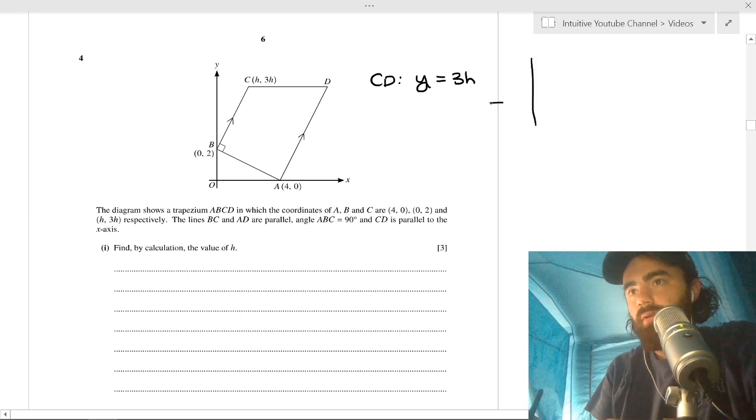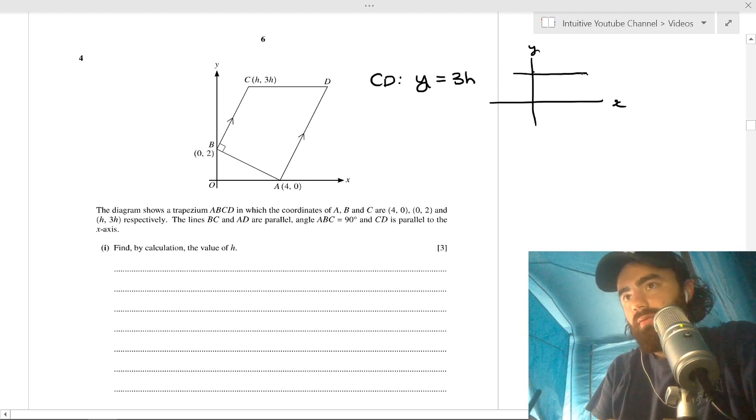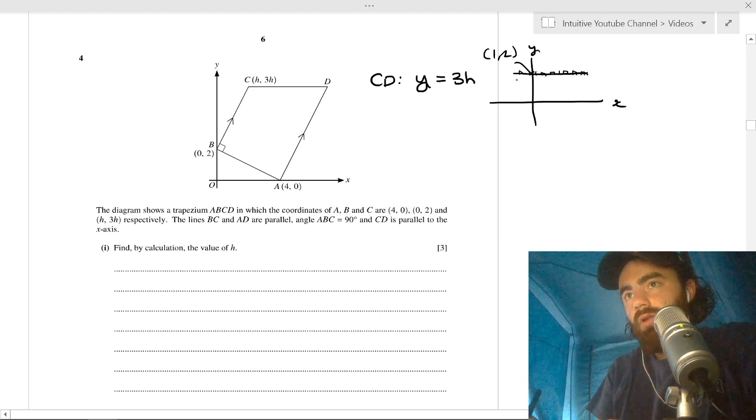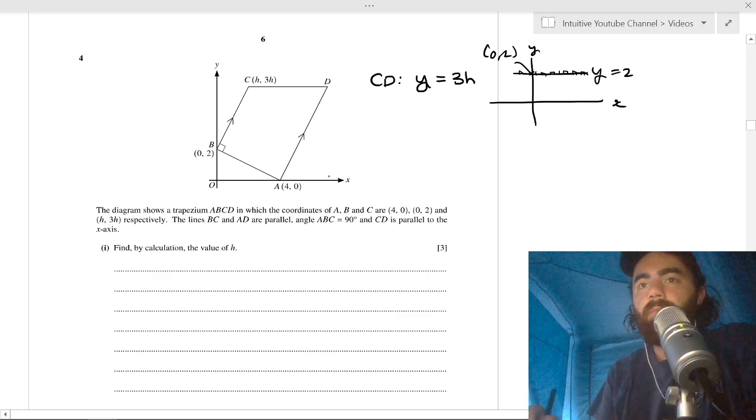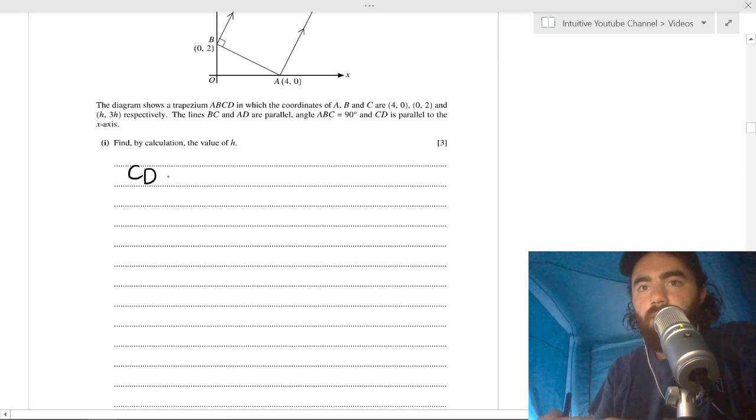If you have a straight line parallel to the x-axis, and say this point here is 0, 2, the y value is going to be 2 all along here. So this line is y equals 2. The same goes for here. So we have an equation for CD.